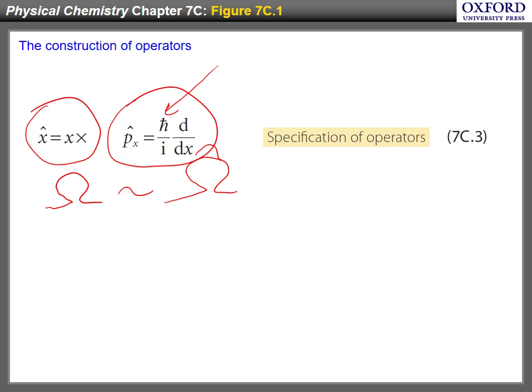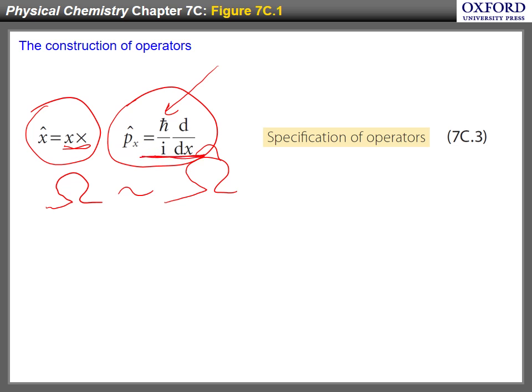So the operator for location along the x-axis is basically the multiplication of the wave function by x. That's the basic postulate. And the operator for linear momentum parallel to the x-axis is proportional to taking the derivative of the wave function with respect to x, right here.